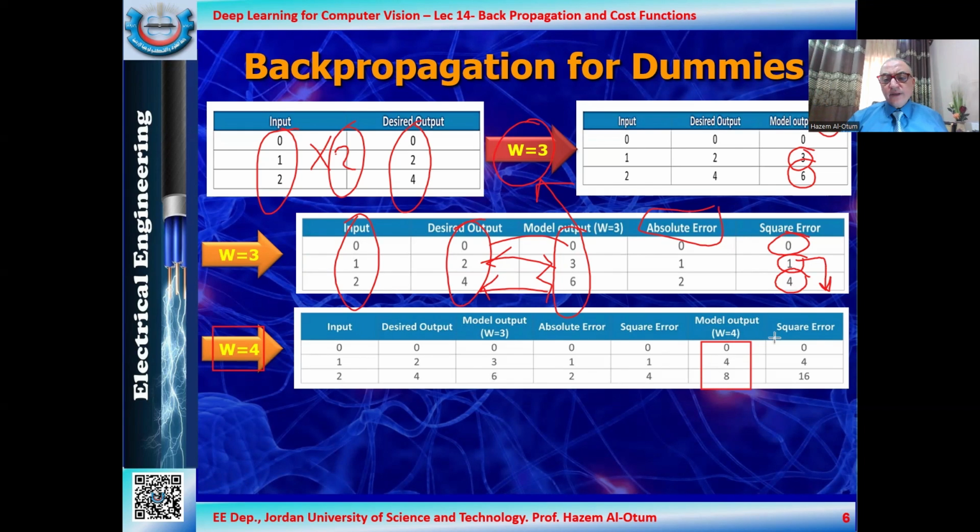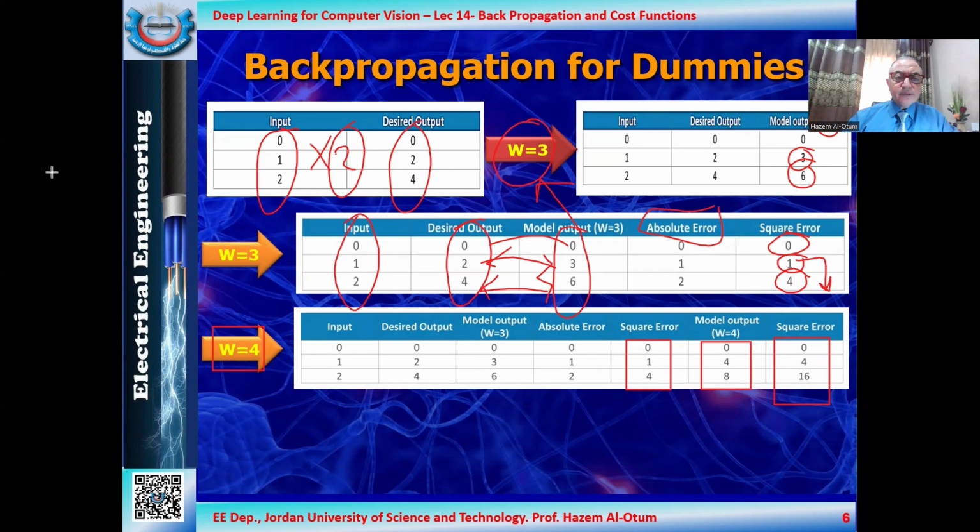And here we have the square error values for this weight value, and the square error when we have W equals 3. As you see here, the error has increased.